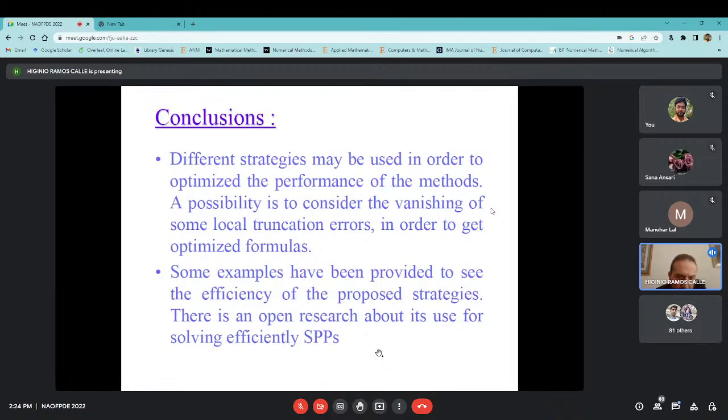There is an open research that I plan for the future. I used these block methods for solving singularly perturbed problems where it is necessary to take non-uniform meshes. I have used non-uniform meshes for solving different kinds of problems, but not for singularly perturbed problems. But this is an open work for the future.